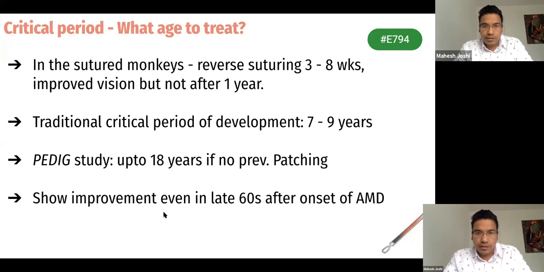So this shows that there is not a set critical period of development of the visual function, and our visual system is quite malleable. This points us to continuous development of our visual system and tells us that we could probably treat amblyopia even later in life, right?